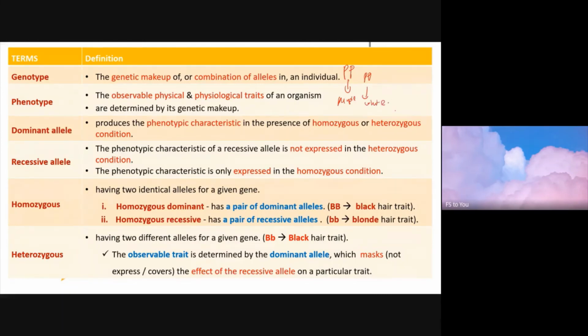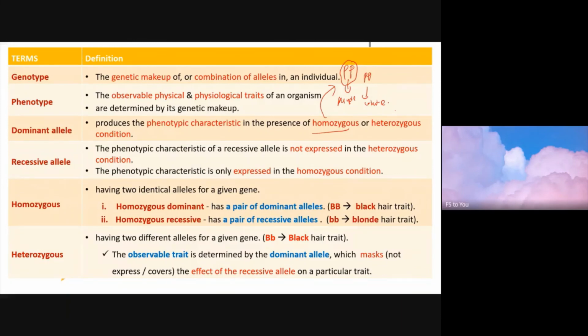Dominant allele produces the phenotypic characteristics in the presence of homozygous or heterozygous condition. So ini adalah dominant phenotype. Sama ada dalam keadaan homozygous dominant ataupun heterozygous, it expresses the dominant phenotype.